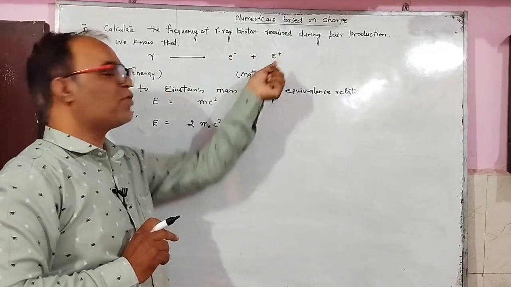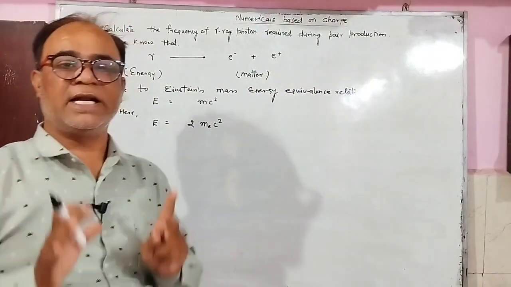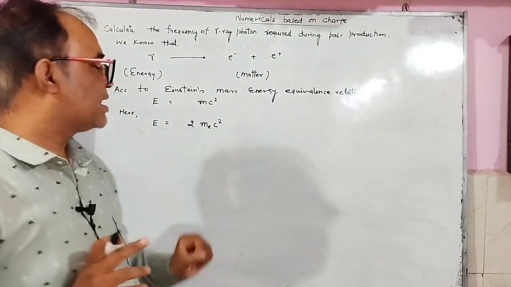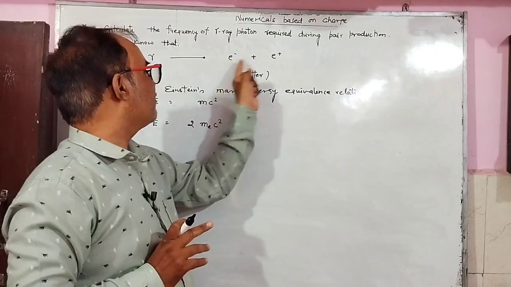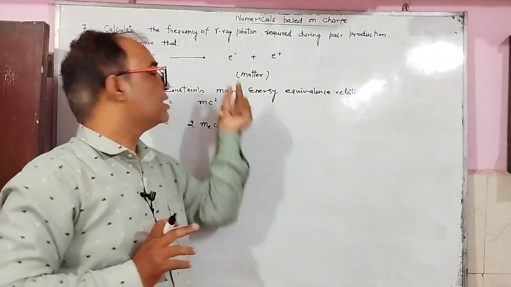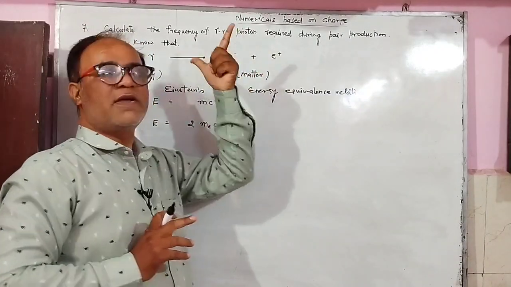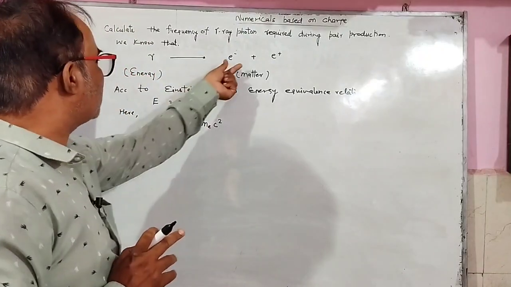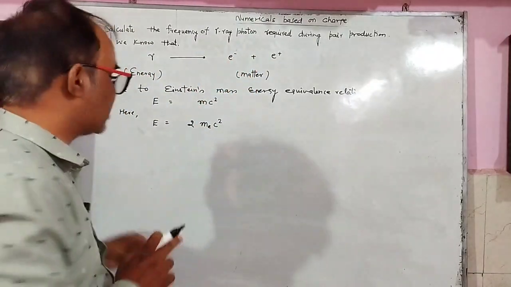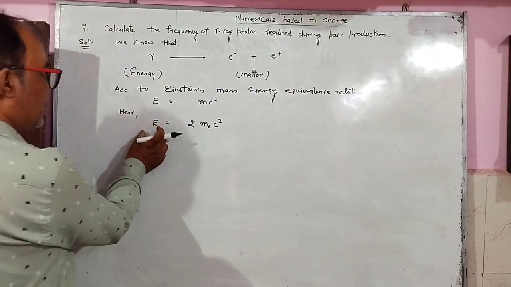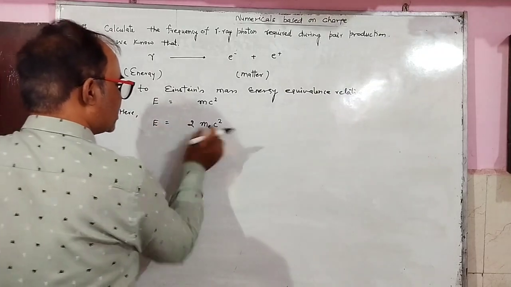Since electron and positron are both identical in all respect, it must only have difference of their charges. This is negative charge and this one is positively charged. So because both have same mass, that's why we can use E equal to 2 mec square.